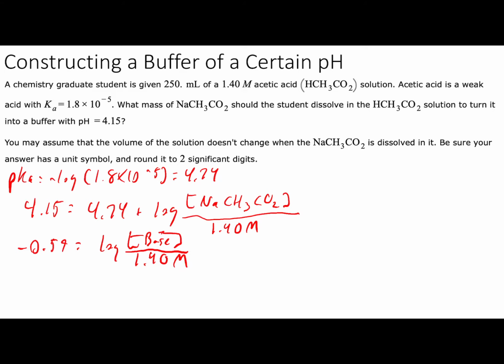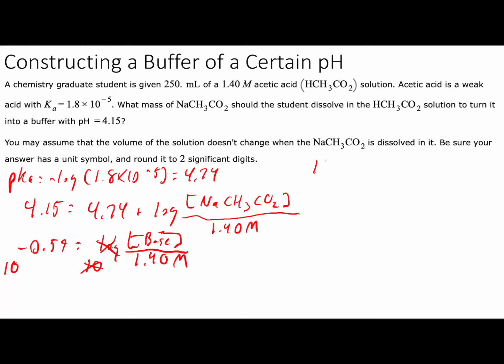Now we have to get rid of the log. To get rid of the log, we're going to take each side and raise 10 to that power, because the opposite of the log is taking the power of 10 and raising it to that power. So we get 10 to the minus 0.59 power equals 10 to the log of base over 1.4. The log and power of 10 cancel each other out.